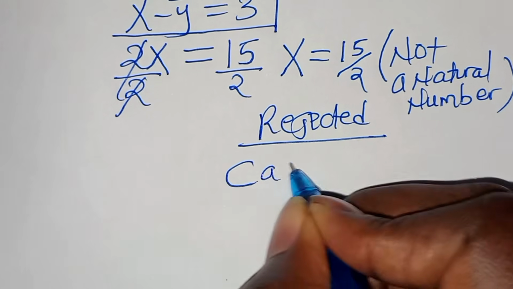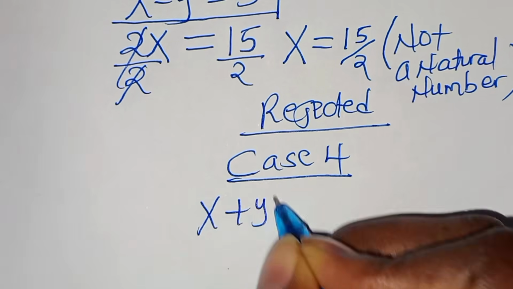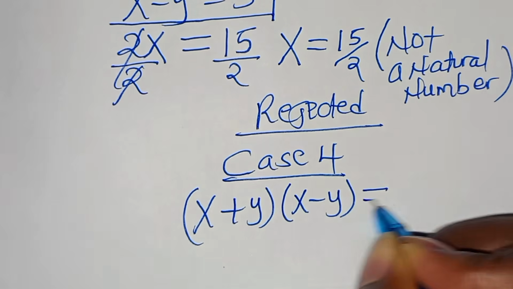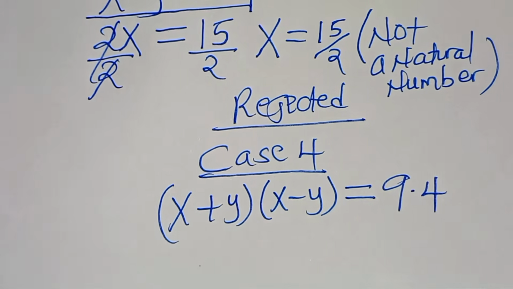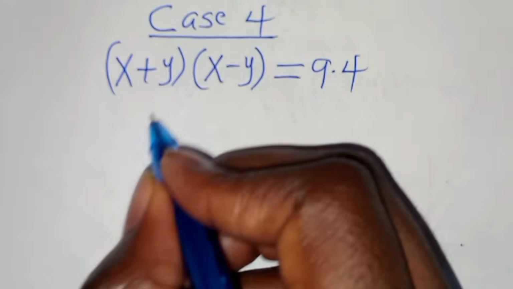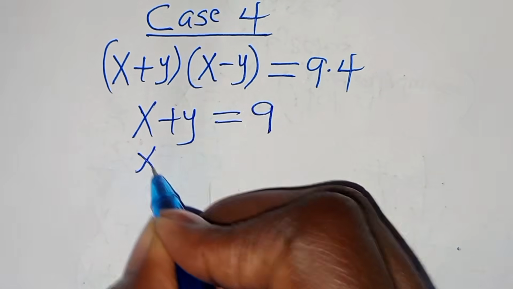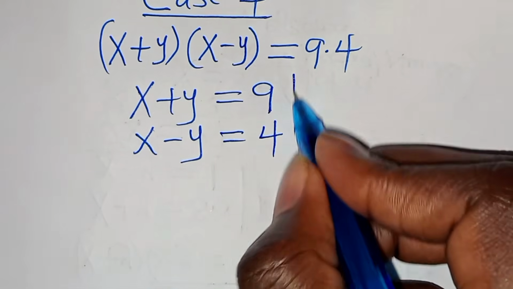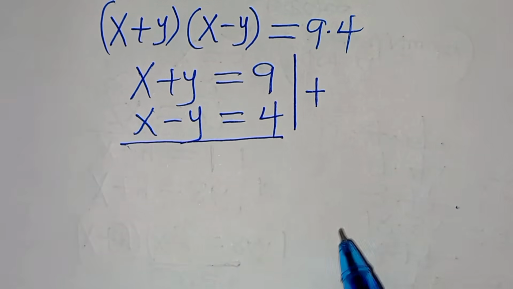So let's proceed to case 4. In case 4 here, we have x plus y times x minus y is equal to 9 multiplied by 4. Therefore, x plus y is equal to 9 and x minus y is equal to 4. So again, these are two linear equations, so let's add them.